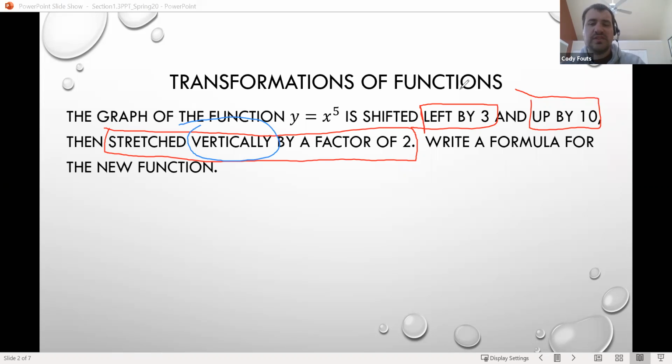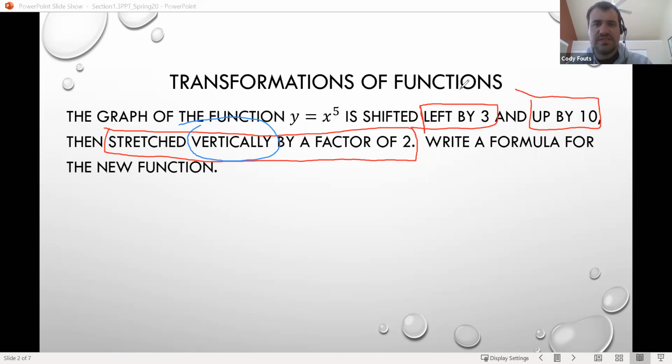All right, as we do this, we also have to think about inside and outside transformations. Remember, inside transformations, those are the ones that impact the inputs of a function. Outside transformations, those are the ones that impact the output of a function.